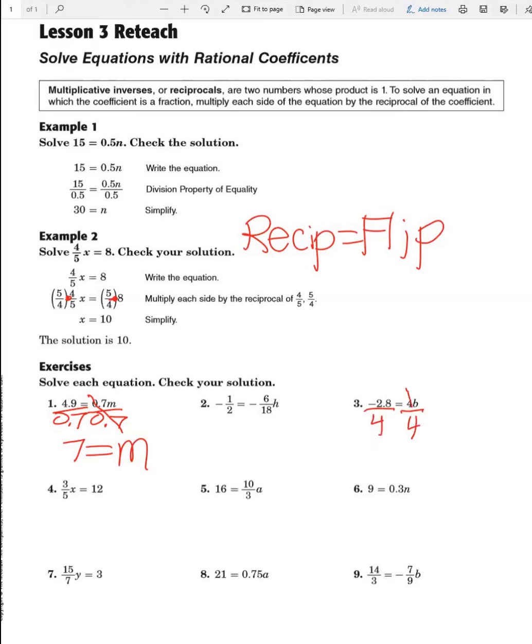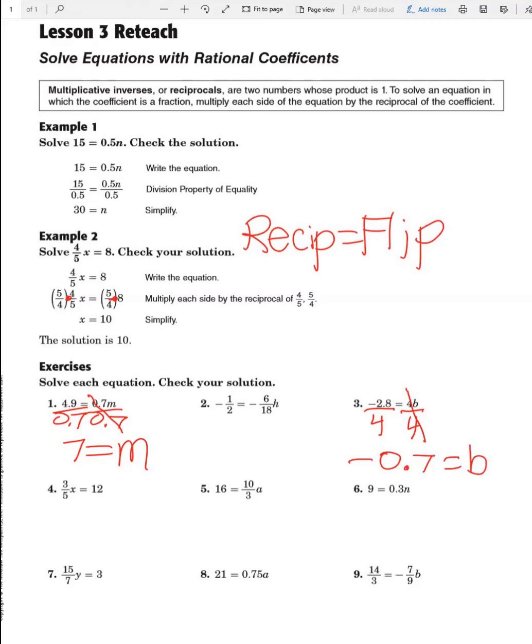The 4s will cross out on this side, and then we are going to divide negative 2.8 divided by 4 in order to get negative 0.7. Bring down your variable b, and there is your answer. Negative 0.7 equals b. Let's move on to the next one.